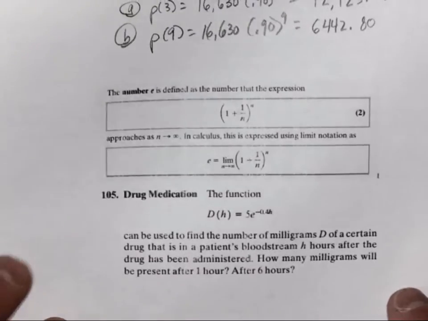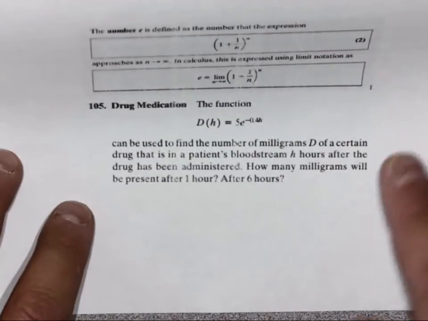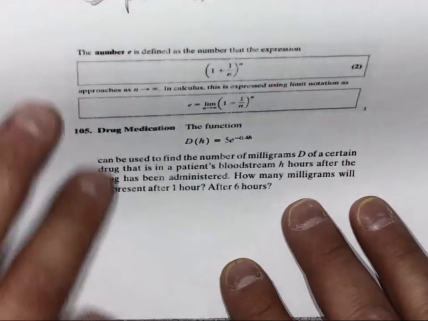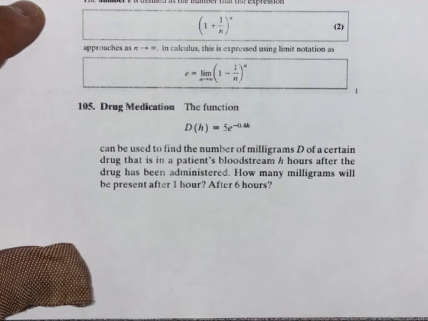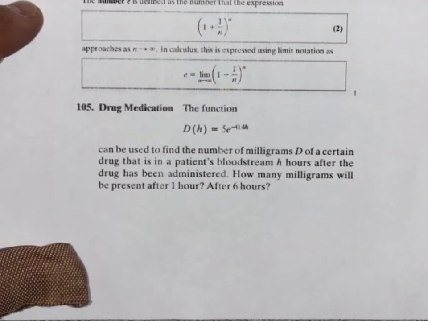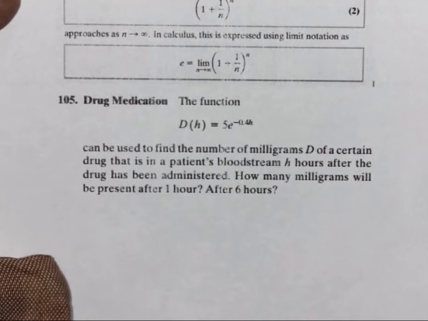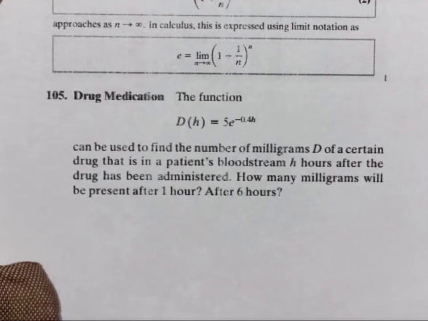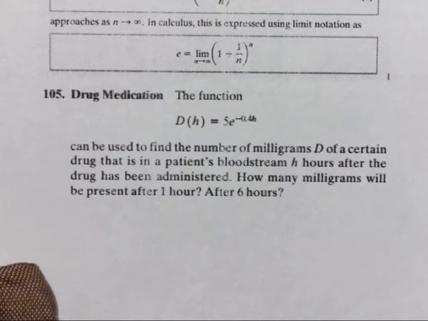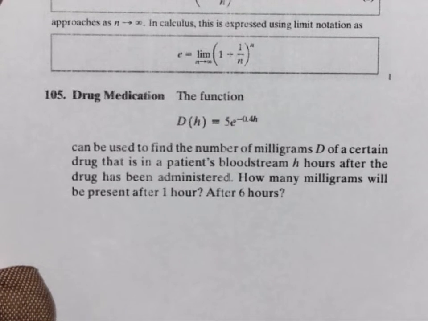And so here's an example of an exponential formula using e. It's in regards to drug medication. Let me zoom in just a little bit again. Okay. So it can be used to find the number of milligrams d of a certain drug that is in the patient's bloodstream H hours after the drug has been administered. How many milligrams will be present after 1 hour, after 6 hours?